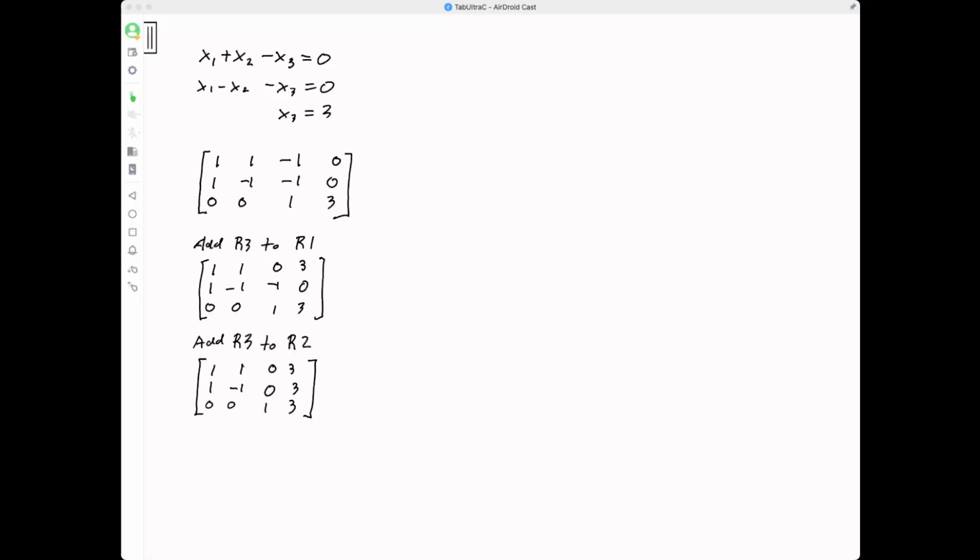Now I'm going to add row 2 to row 1. When I do that, in row 1 I get 1 plus 1 is 2, negative 1 plus 1 is 0, 0, 3 plus 3 is 6.